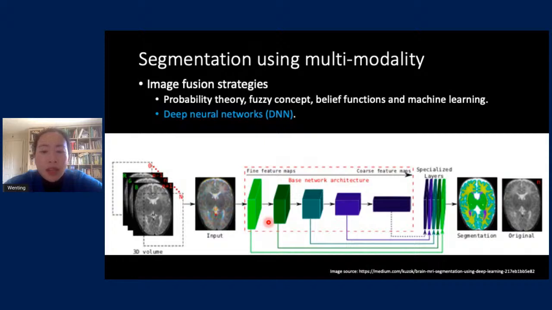Then, with more layers added, high-level details such as shapes and textures of the region of interest are learned by the network. The network can extract complex hierarchical features from a large amount of data by using these layers. That was the basic framework of a deep neural network.